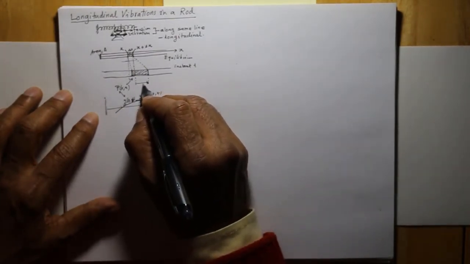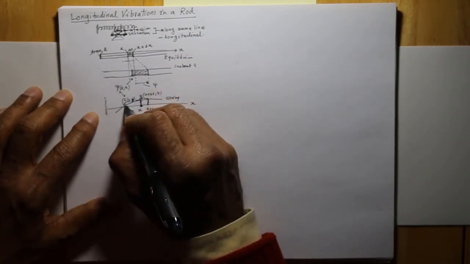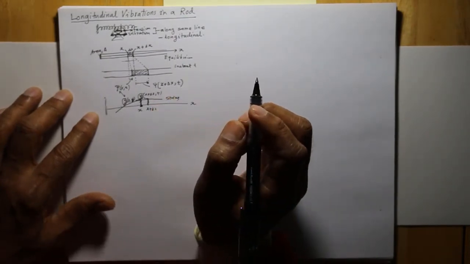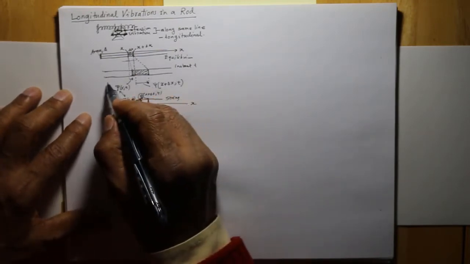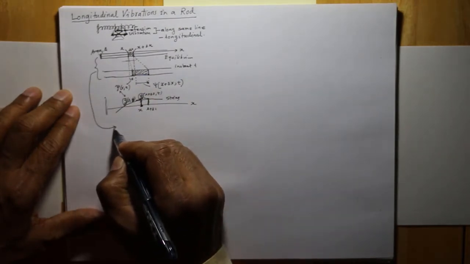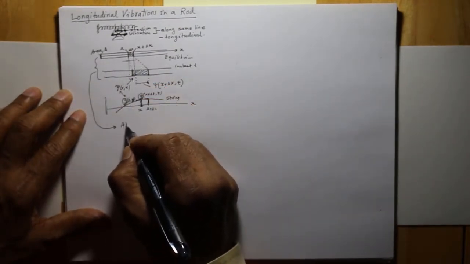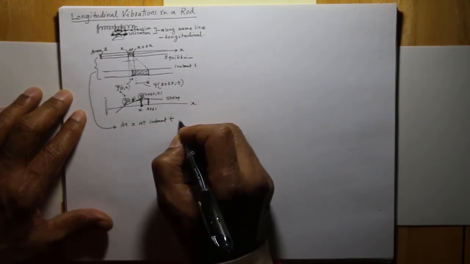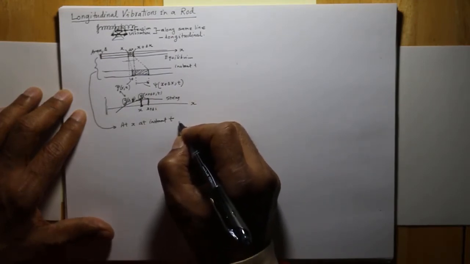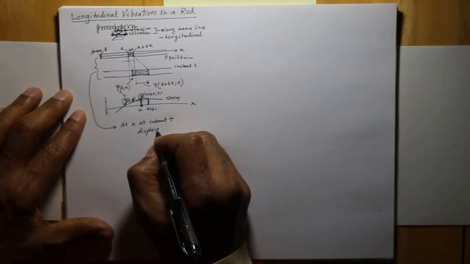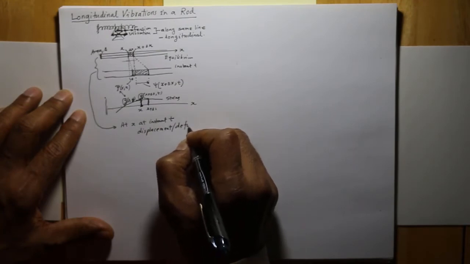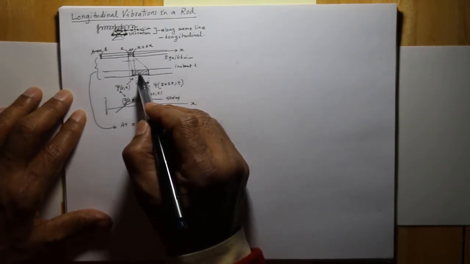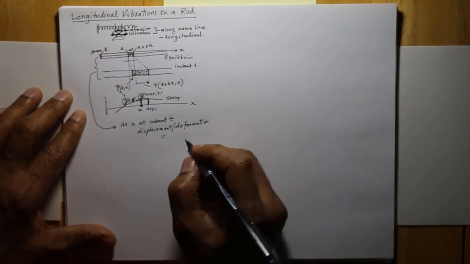And so this value will be for the same variable psi, just like the same variable y, at x plus delta x and t. So if you compare this, at x, at instant t, you can say the displacement or deformation of the material is this minus this.